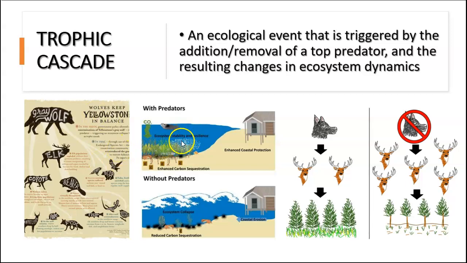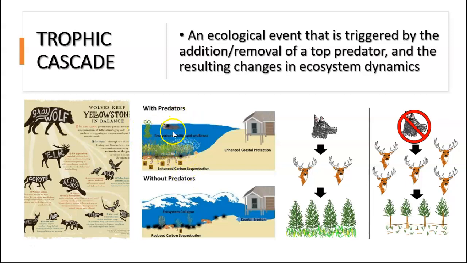Another example is in coastal ecosystems. If you have a healthy ecosystem, here we have otters and various kinds of seaweed, as well as sea urchins and other animals. You have a very good, stable ecosystem there, and it's very resilient and maintains things on an even keel.